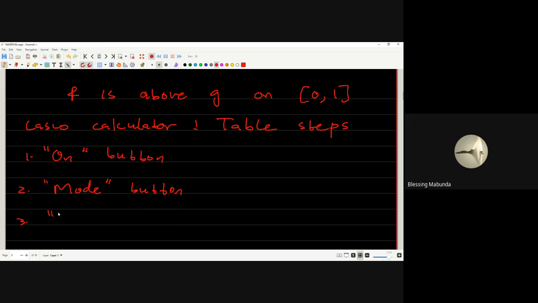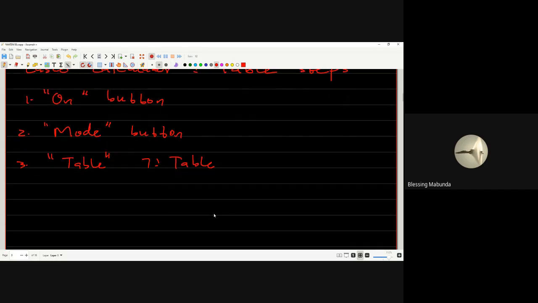And then from there, after you press mode, what follows is table. You press the number that corresponds to the table. On my calculator, like I was saying, this is number 7, which is table. So on your calculator, that may be the number 3. Just press the corresponding number. And then from there, it's going to give you f of x.